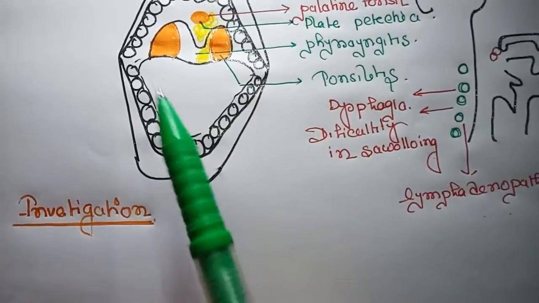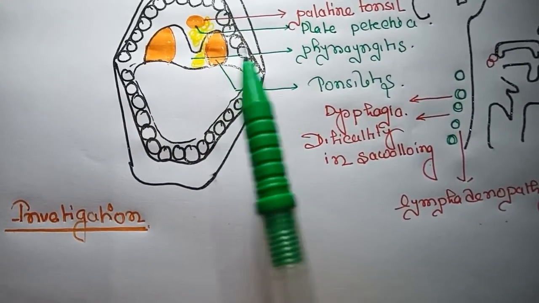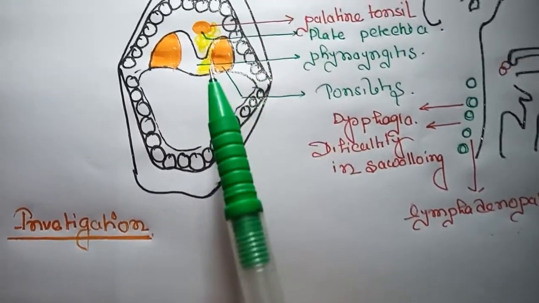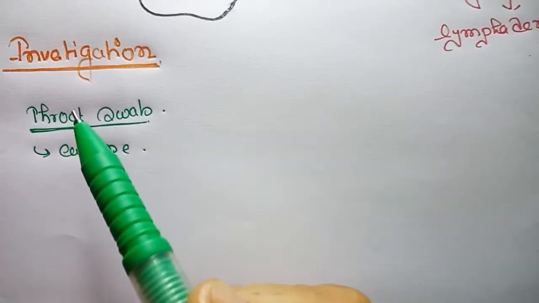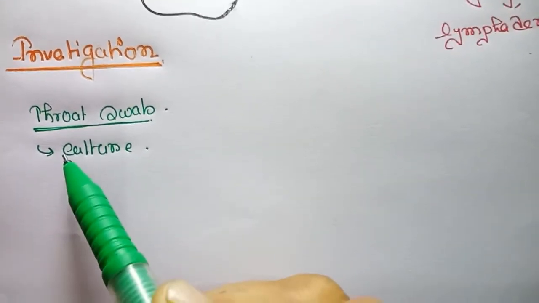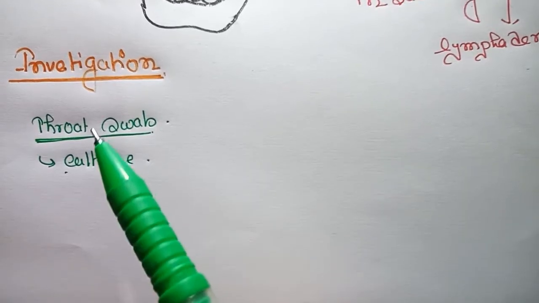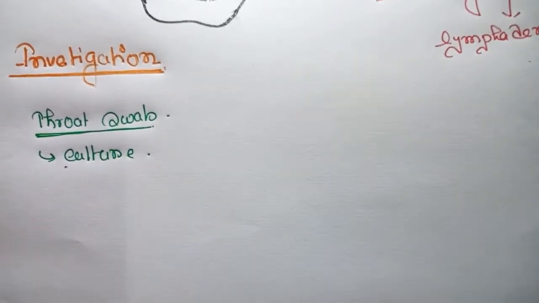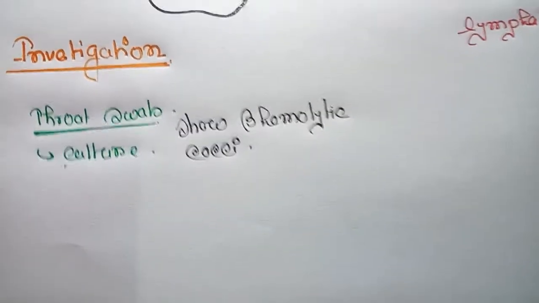On physical examination, the pharynx is red and the tonsils are red and enlarged with purulent exudate. A throat swab can be performed. A throat swab with microscopic culture and sensitivity on blood agar can diagnose group A Streptococcus because it shows beta hemolytic cocci.